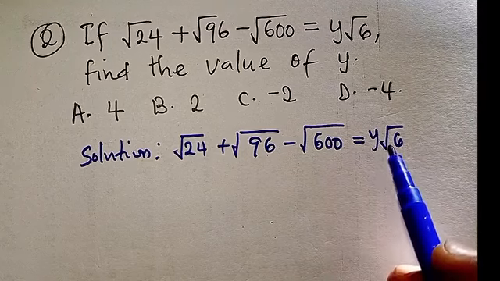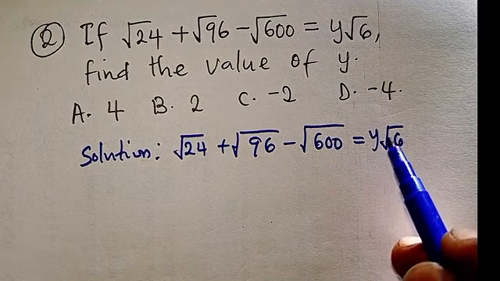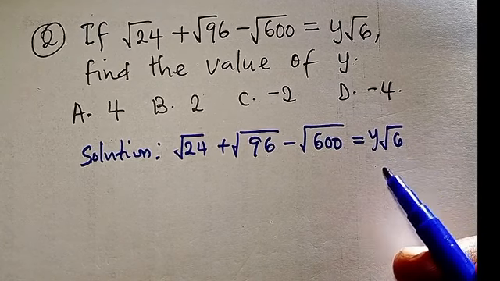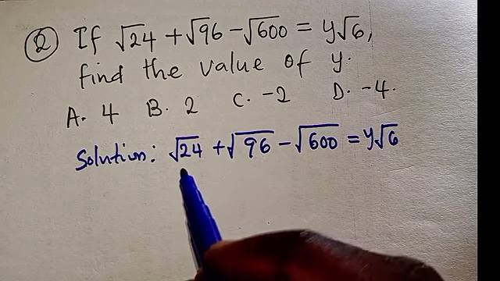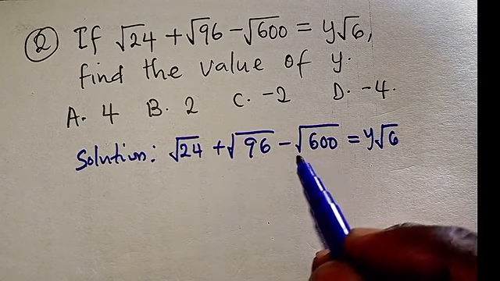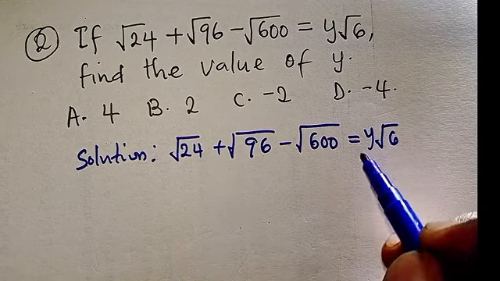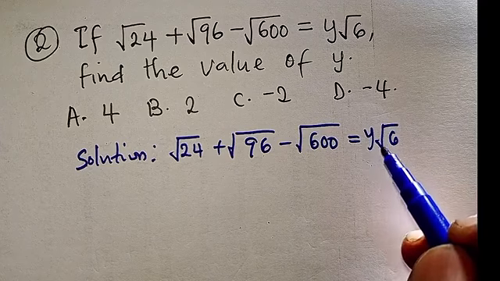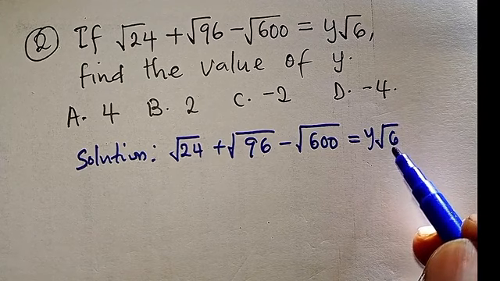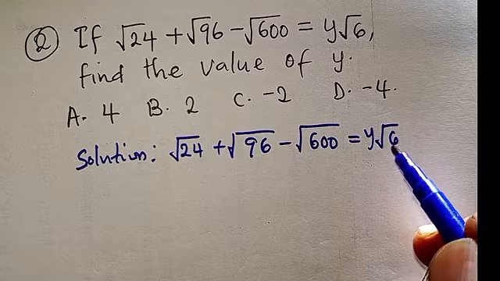Now when you look at the right hand side, it is y root 6. So this is telling us that when you simplify the left hand side completely, you are going to have your result in the form y root 6. So therefore you should know that you are going to have a final answer of the form something root 6.